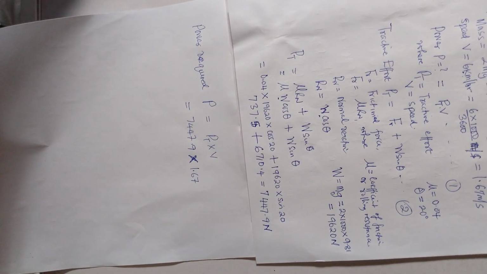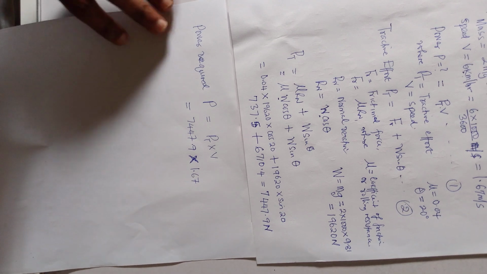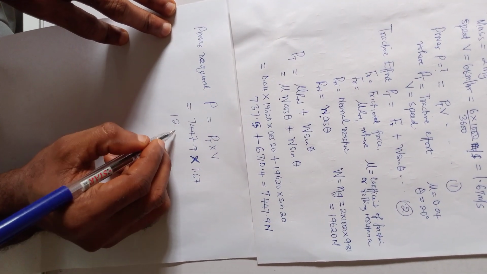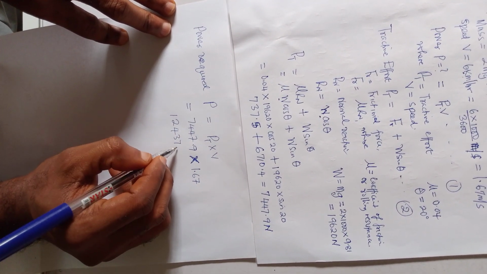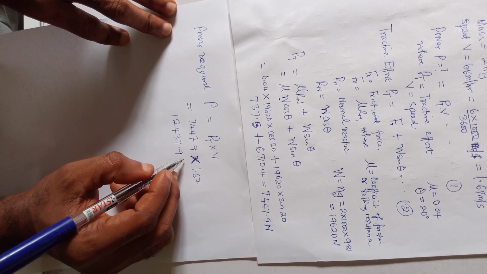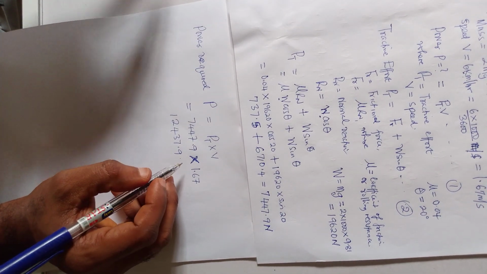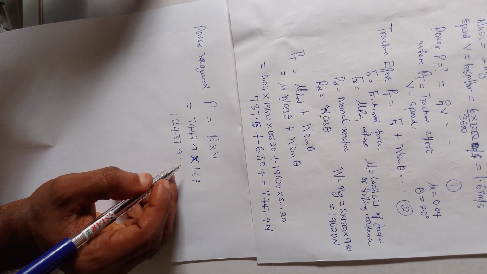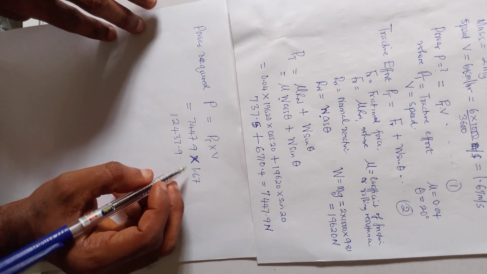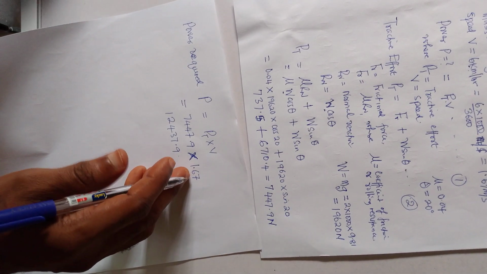So we have 7447.9 times 1.67. So that gave us 12,437.9.